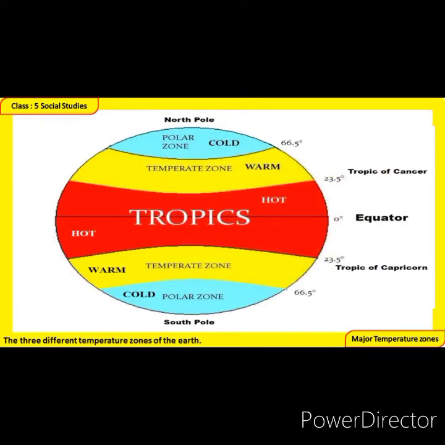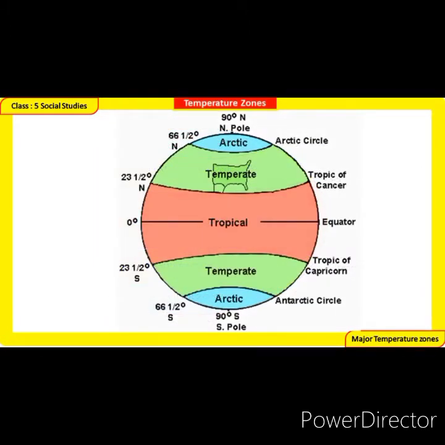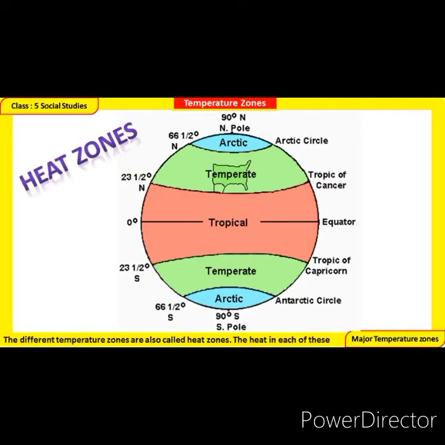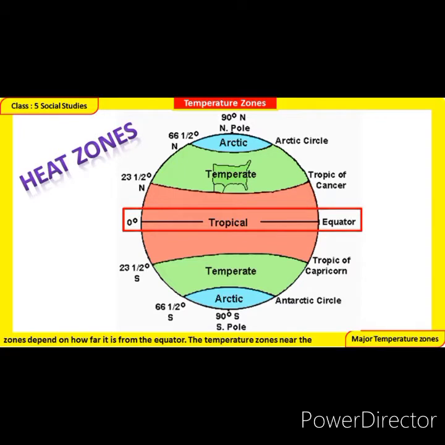The special latitudes show the different temperature zones of the earth. The temperature zones are also called the heat zones. The heat zones depend on how far it is from the equator. The temperature zones which are at the equator are the hottest.